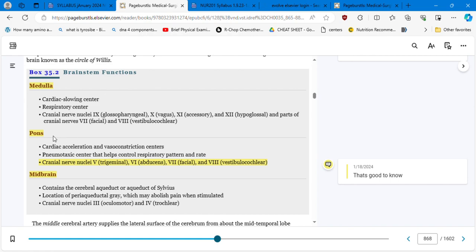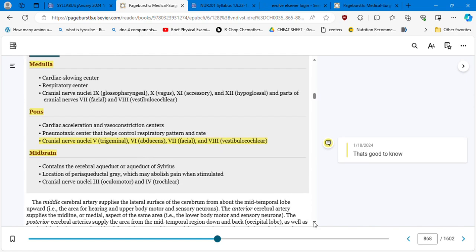Then we have the pons. It controls the cranial nerve nuclei 5, which is the trigeminal, number 6, number 7. We're going to talk more in detail about the cranial nerves. The pons is also involved in cardiac acceleration and vasoconstriction.